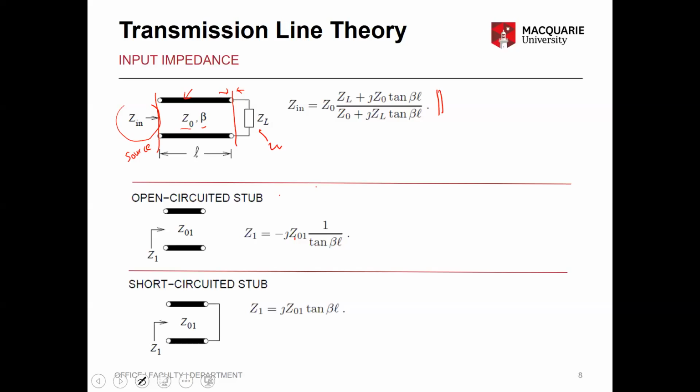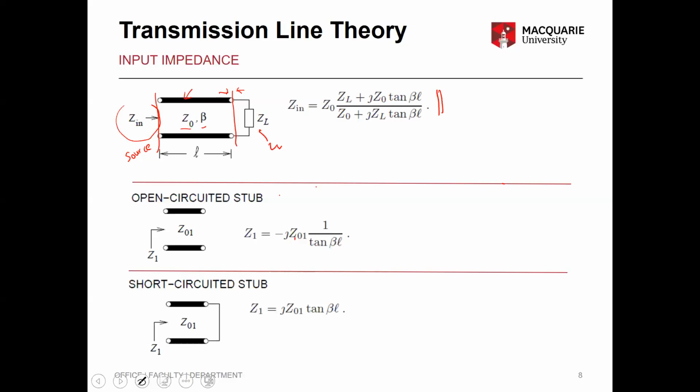It's not hard to remember, but even if you don't, this is an important equation. If you have a short note of all the important equations for your exam, this is one of them. Now we can look at L equals 0.